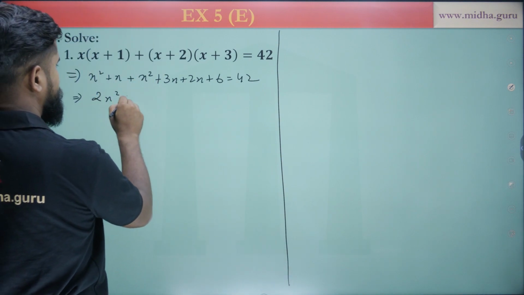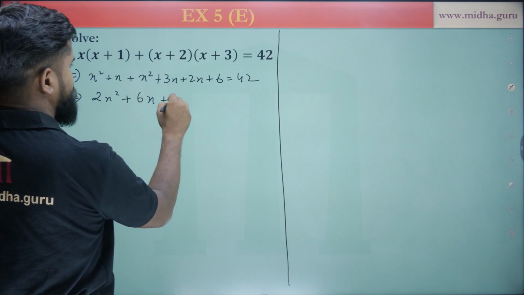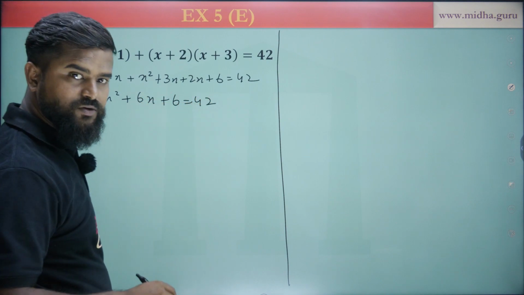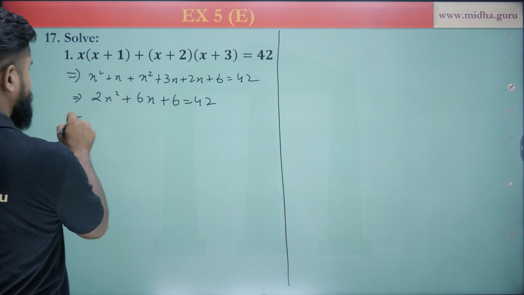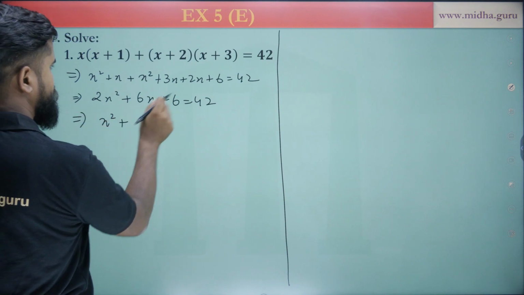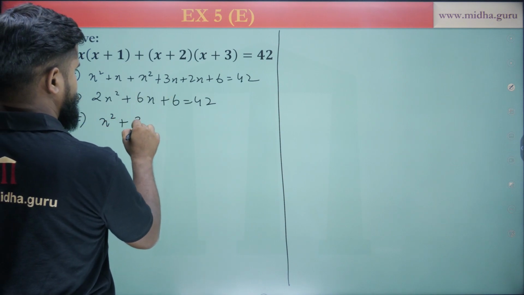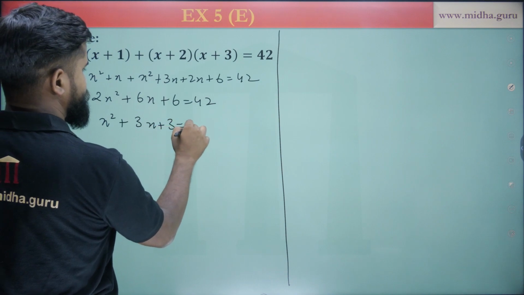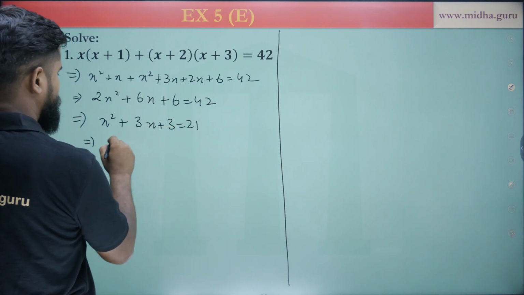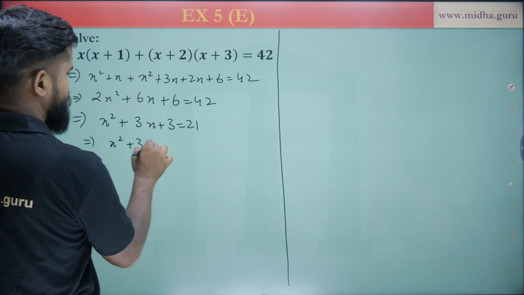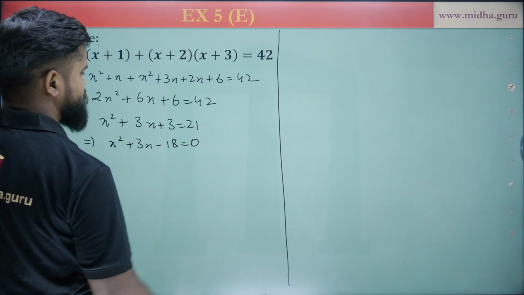So you have 2x squared plus 6x plus 6 is equal to 42. Now we can divide this entire equation by 2. We will get x squared plus 3x plus 3 is equal to 21. And if we bring 21 to this side, we get x squared plus 3x minus 18 is equal to 0.